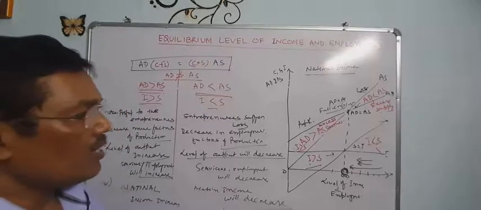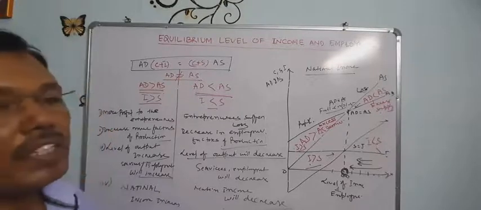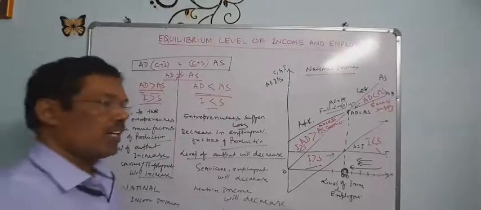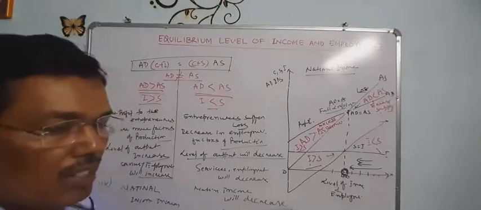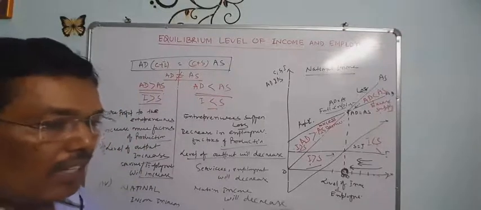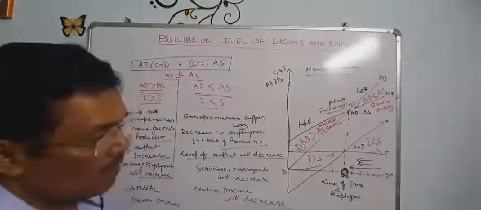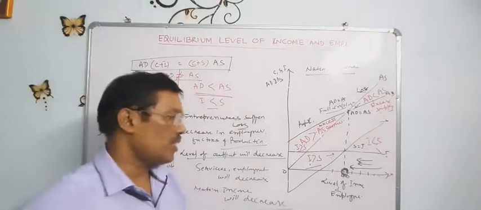That is called excess supply, or deficient demand. To recover from this deficient demand, the country will take the necessary steps, which will be explained in detail in the next chapter, that is, excess demand and deficient demand, and measures to correct them.